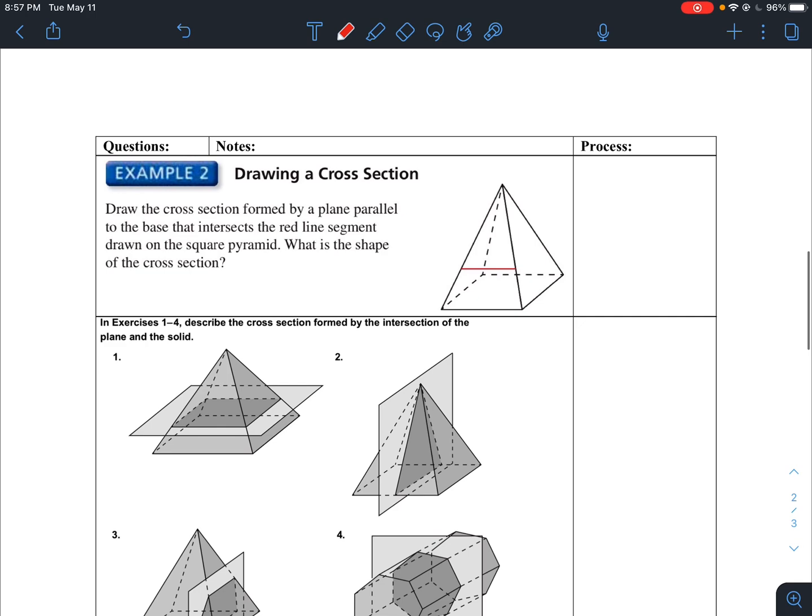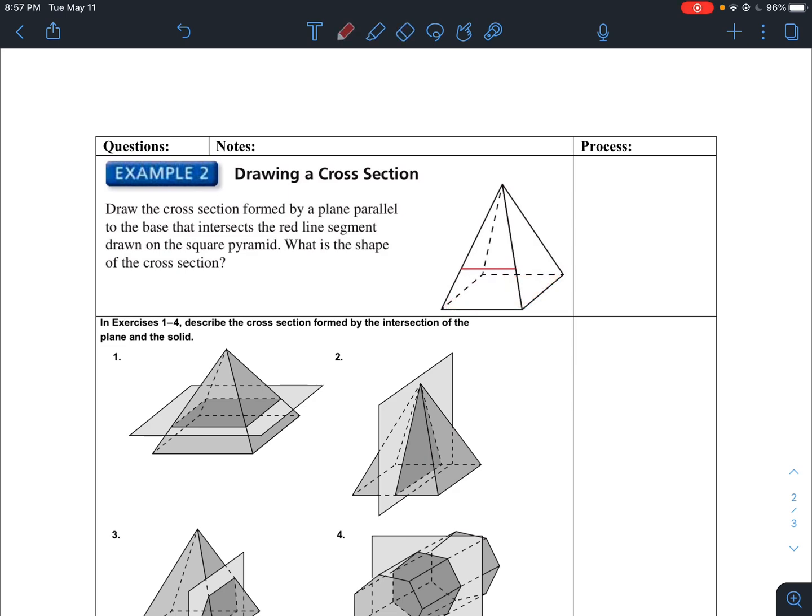And in this example here, we're going to draw the cross section. It says draw the cross section formed by a plane parallel to the base. Now this is the base right here. We're going to draw a cross section formed by a plane that is parallel with the base that intersects with the red line segment drawn on the square pyramid.